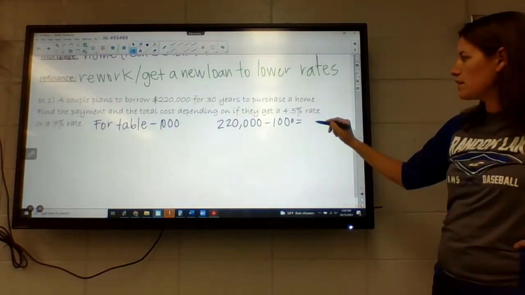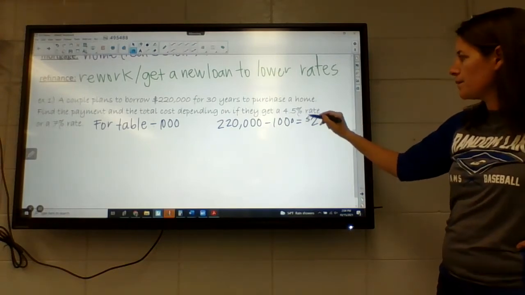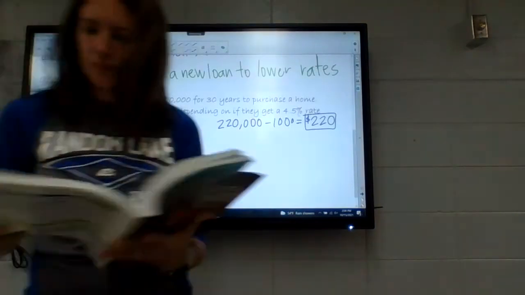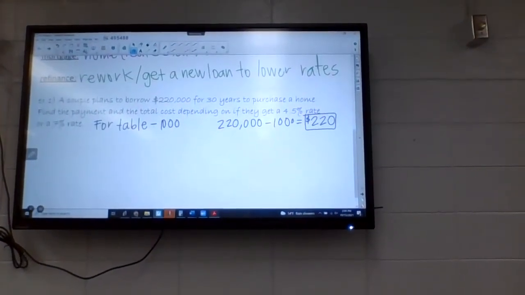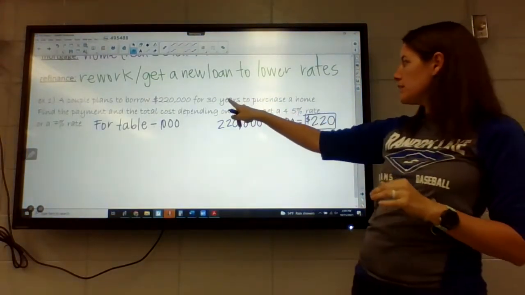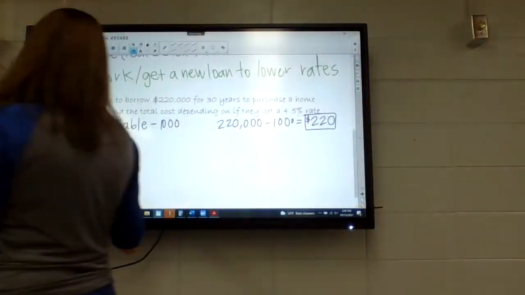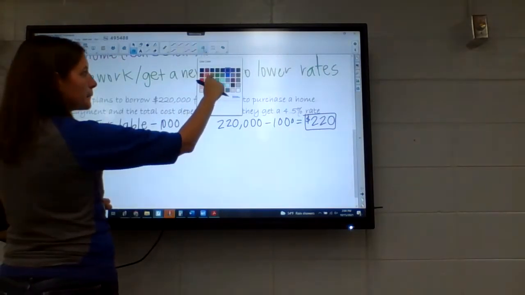Now we're going to figure out the monthly payment for our loan for 30 years at a 4.5% rate and then a 7% rate. So we're going to do those two to compare them.